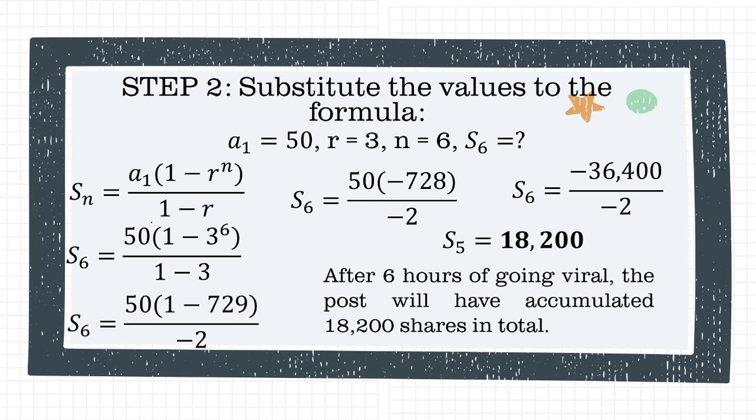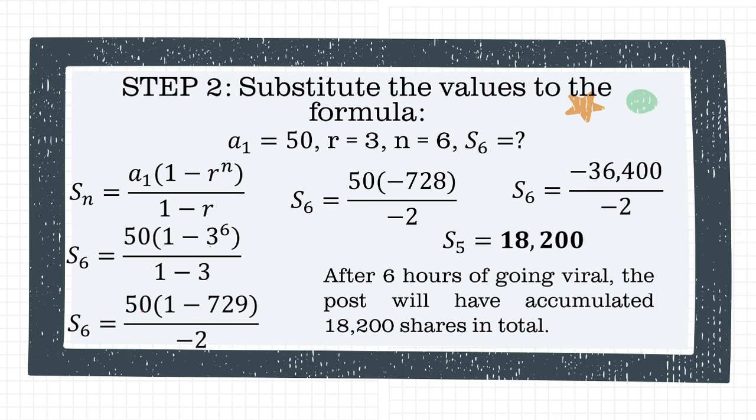What is our a of 1? That is 50. Copy 1, copy the minus sign, and then r is 3, and n is 6, divided by 1 minus r, where r is 3.